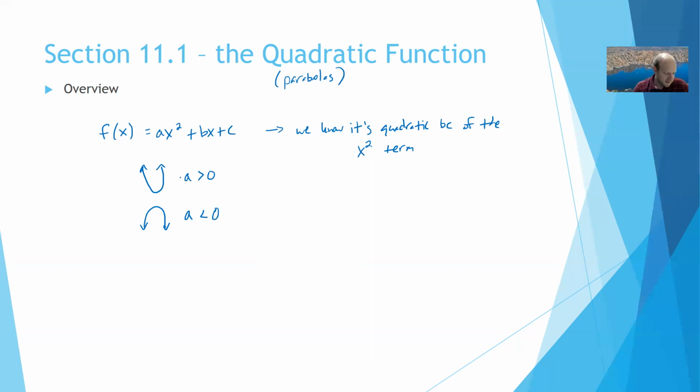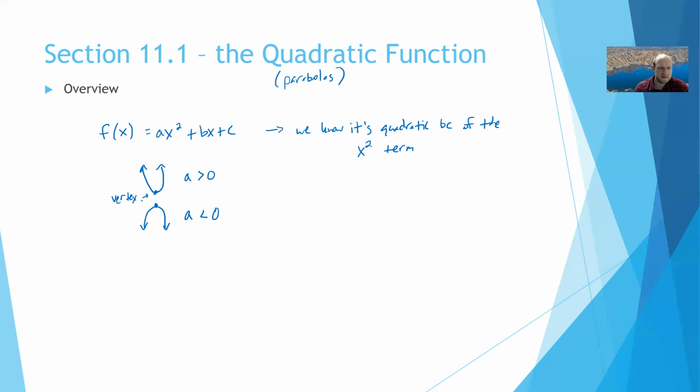What we call the lowest point and the highest point is the vertex. We call this guy and this guy the vertex, or the vertices.